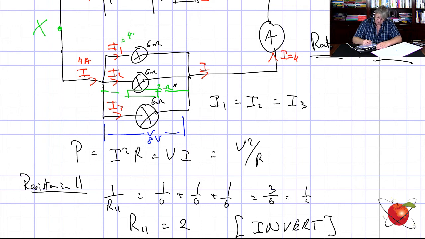It's equal to 4 over 3. Now, the next question says, let me say what we're going to do. Here we go.